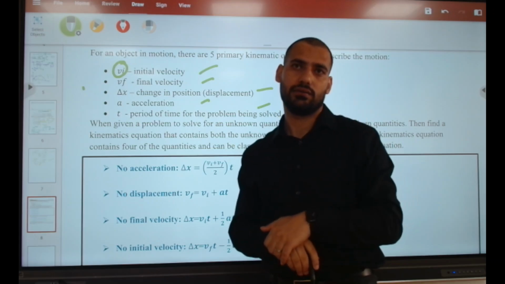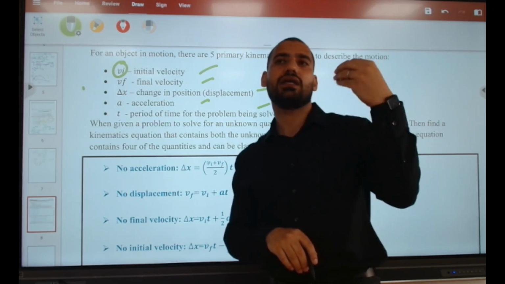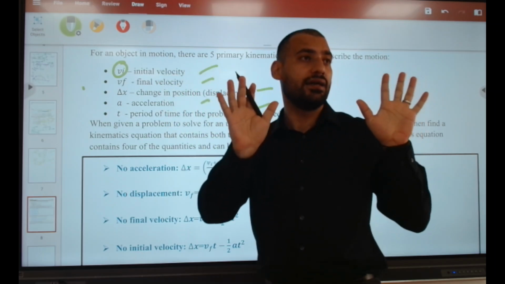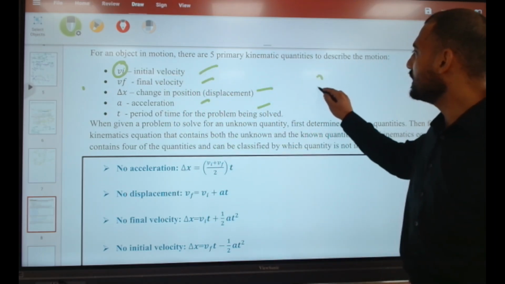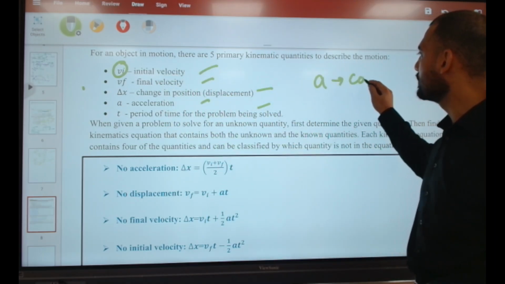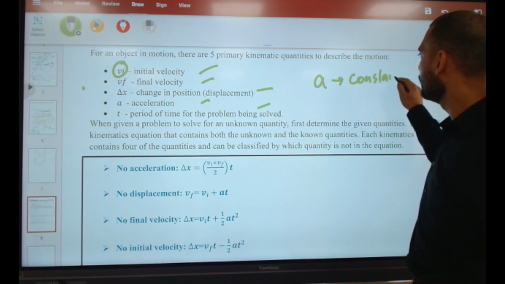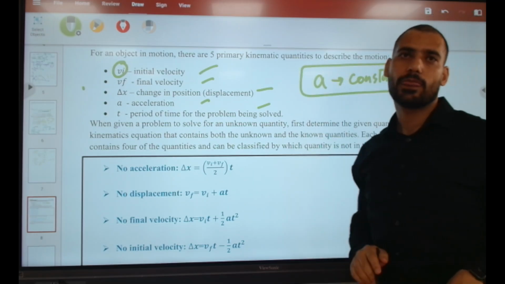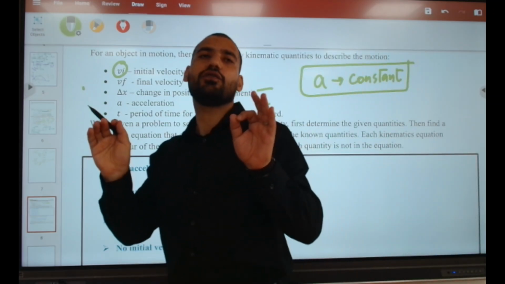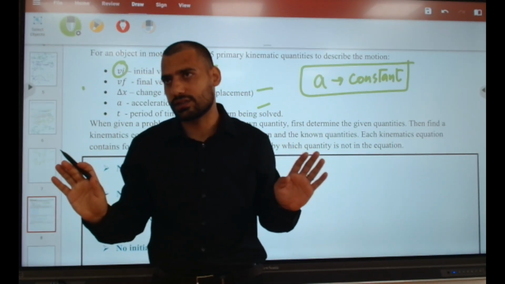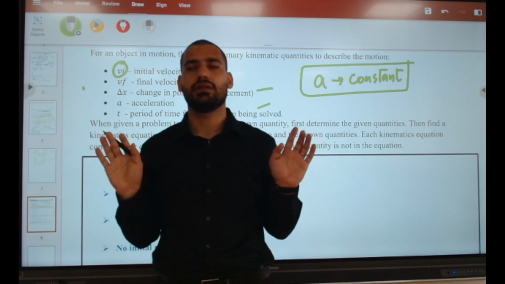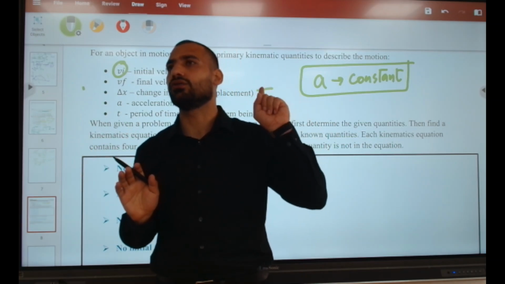These equations are only valid when the acceleration of the system is constant. Acceleration of the system is constant. If the acceleration of the system is not constant, we cannot use these equations. Is it clear? This is the first important thing that you need to know.